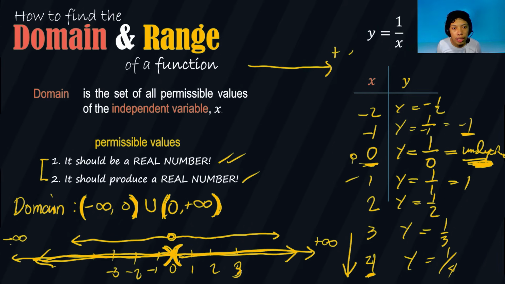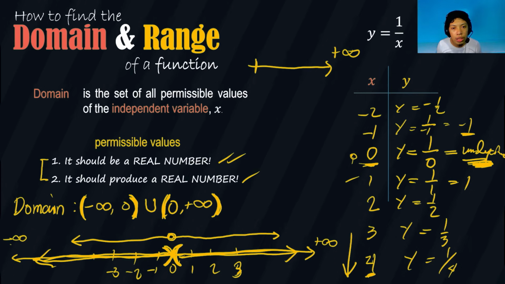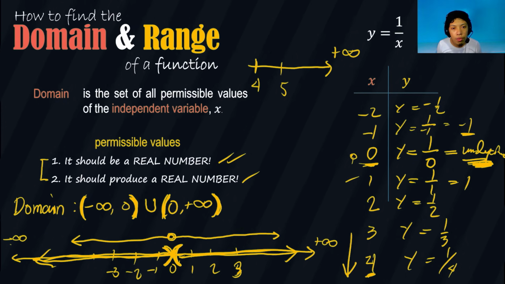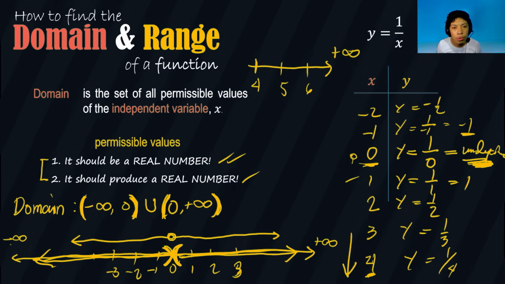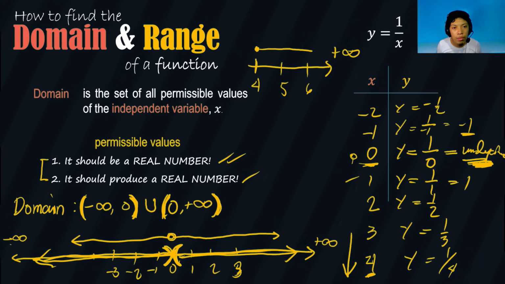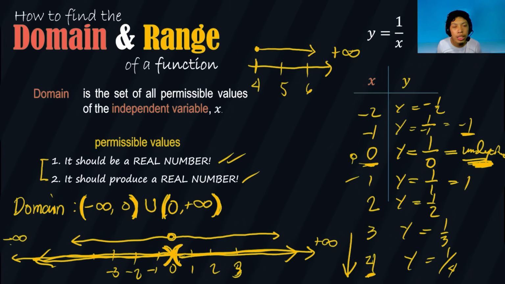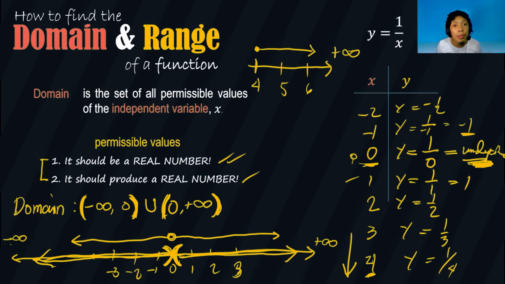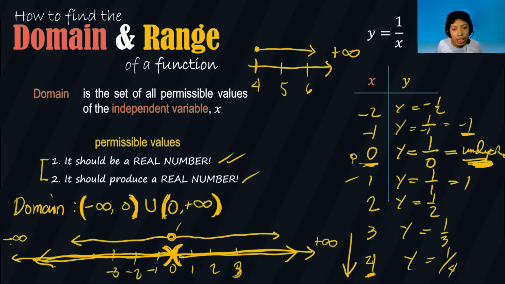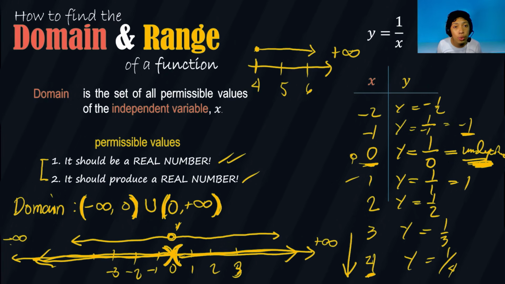This is to positive infinity. So, for example, if the domain is from 4, 5, 6, and so on and so forth, from 4 to the positive infinity, including 4. Ibig sabihin, upod an 4. Didi kasi gin-exclude naton an 0, excluding 0.